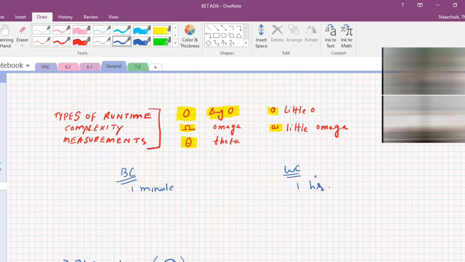If I say the big O of my algorithm, big O of g of n, is 30 minutes, is this satisfying or is this wrong?